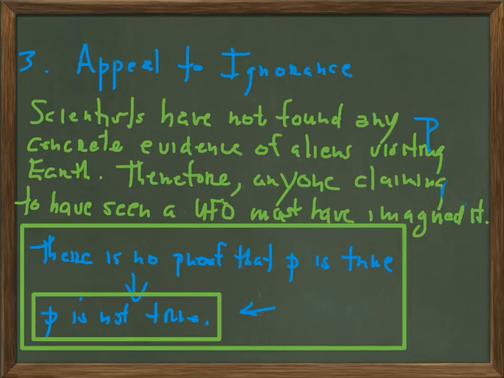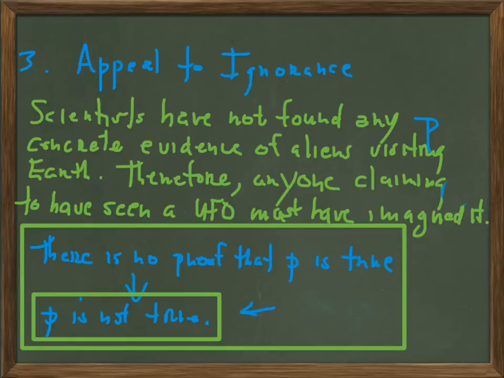If we'd made something less of a claim, there is no proof that something is true, therefore we hypothesize that something is not true, that would be okay, but we're not doing that. We cannot definitively say that this thing is not true. So this would be an example of appeal to ignorance.